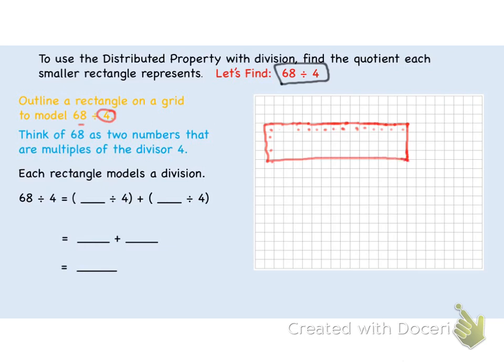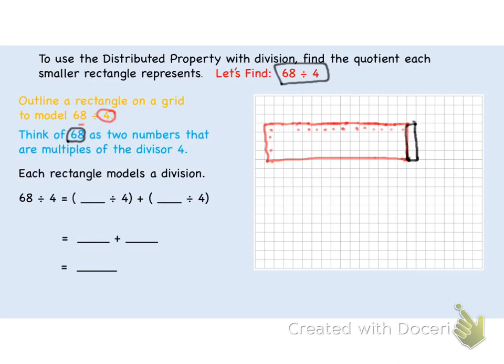Now the next thing we need to make is the group of 4. 1, 2, 3, 4. There's my 4. Okay, so there's my model. You may want to stop the video and make your model. Now, let's look at this 68.